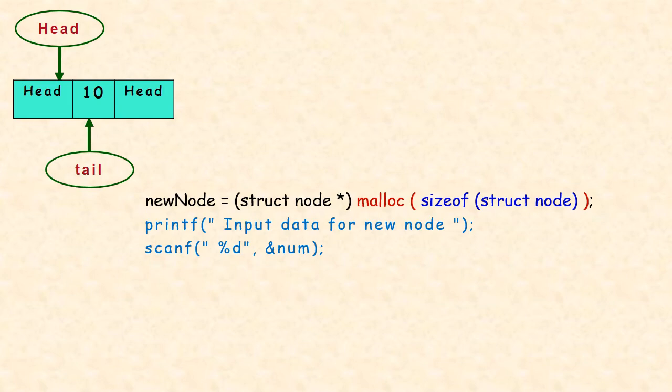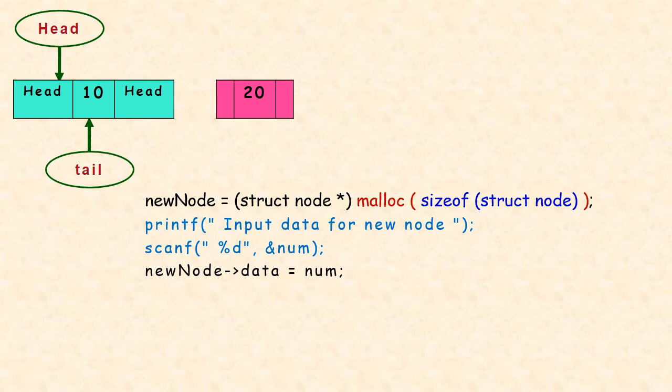Let us say 20 is taken as input. Now a node is created, and the value 20 is given by this line of code: newnode data is equal to num. The data part holds the value.